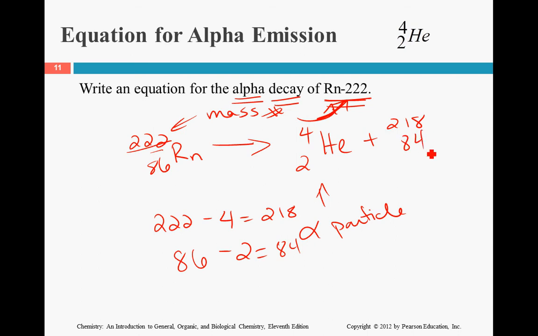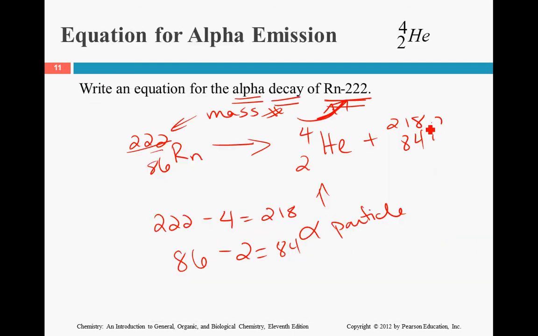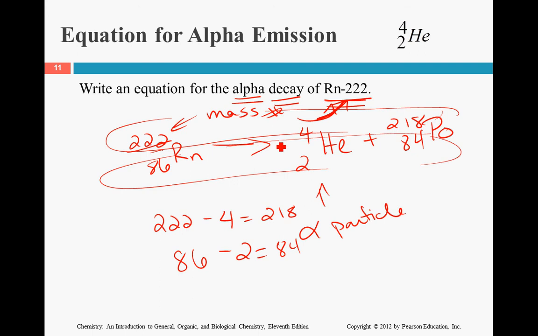To figure out what the new element is, we look on the periodic table and we look for 84. We notice it's Po, polonium. And that's how you solve it. The top numbers have to equal each other. The bottom numbers have to equal each other. Remember, the arrow acts as an equal sign.